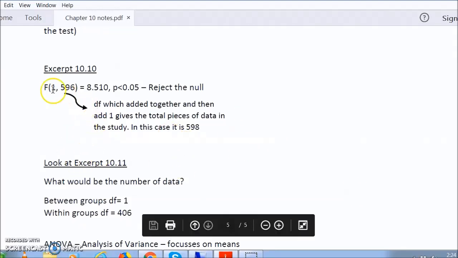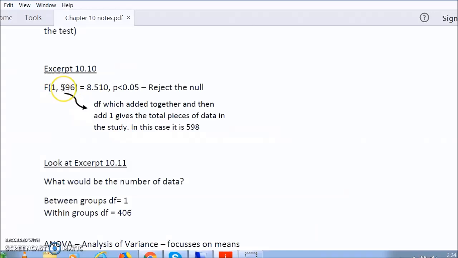Here, if you look at your F, it has 2 numbers in parentheses. Your 2 numbers, once again, are your degrees of freedom. You add them together and then you add 1 more to it, which will give you your total data set.